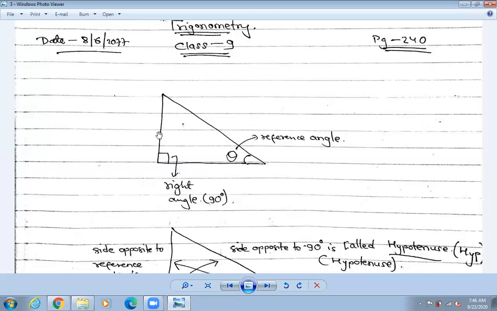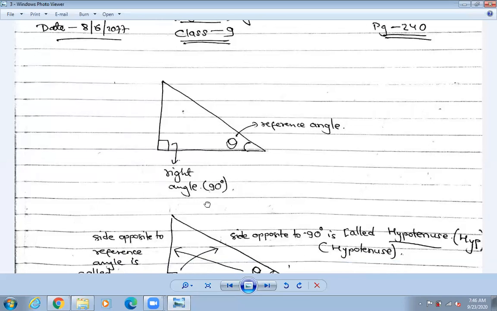Either we call it perpendicular, or we can call it opposite also. And if it has both the 90 degrees and the reference angle on both sides, then we call it base. Otherwise, we can call it adjacent also.